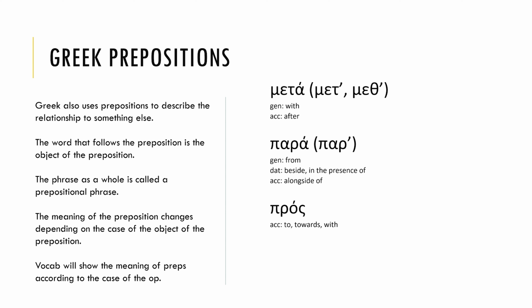So pros, for example, will mean to, towards, or with in the accusative, and it only takes the accusative. So you're not going to see pros attached to a genitive, for example. Hypo means by with a genitive, or it can mean under if it's attached to an accusative.